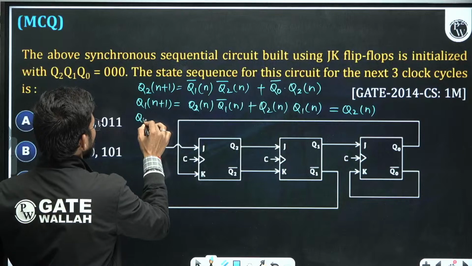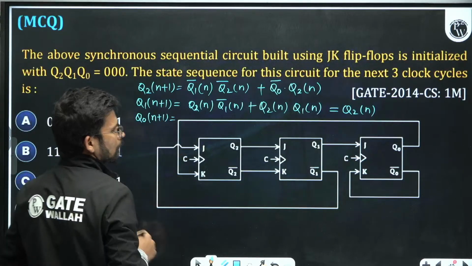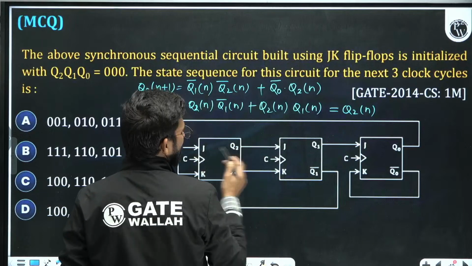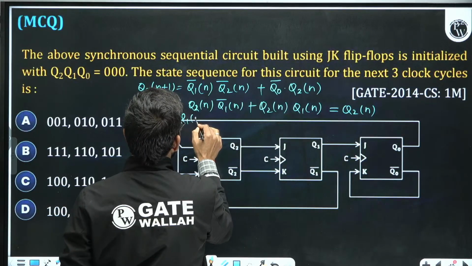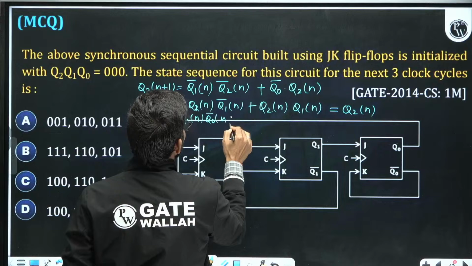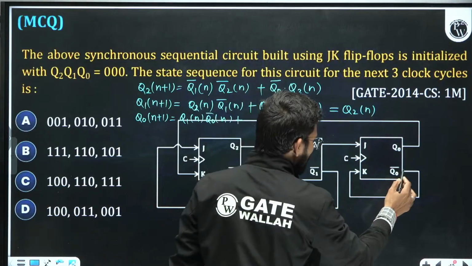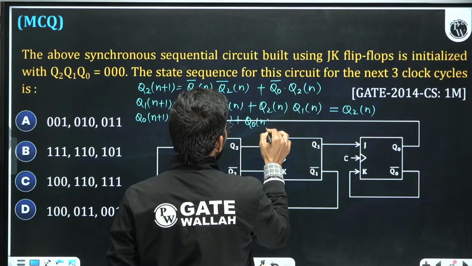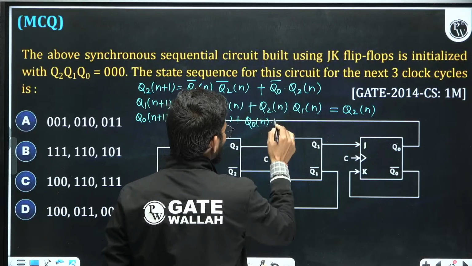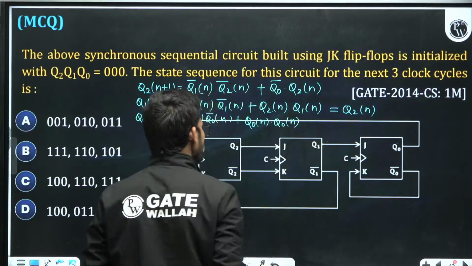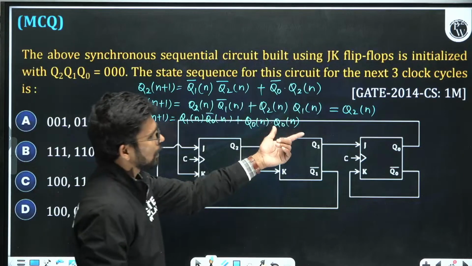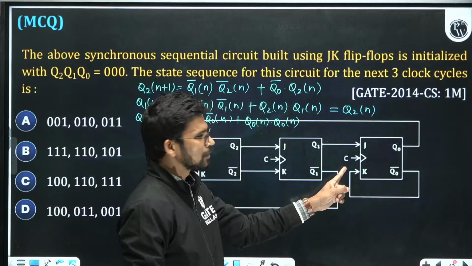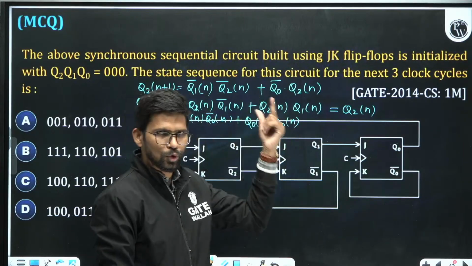And what is Q0(n+1)? Q0(n+1) is again J0 Q0 bar plus K0 bar Q0. J0 is Q1n, so Q1n Q0 bar n plus K0 bar Q0n. K0 is Q0 bar, so K0 bar is Q0n.